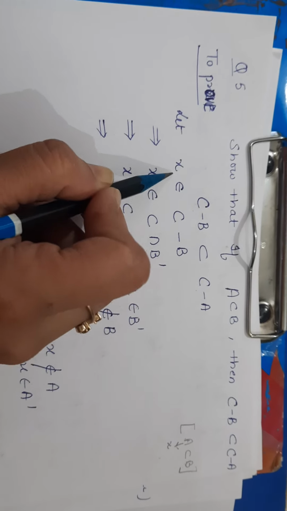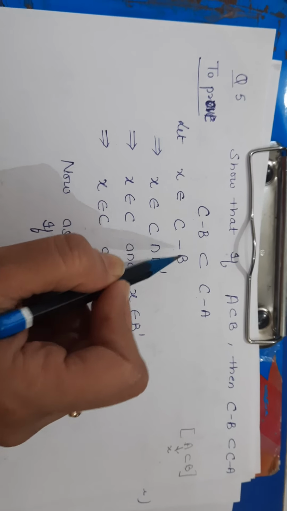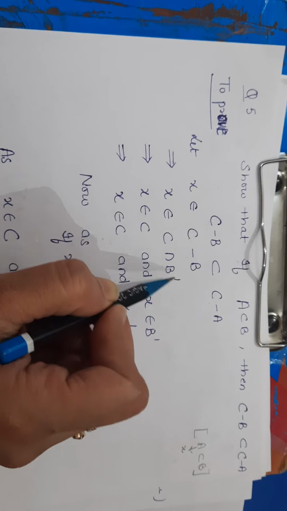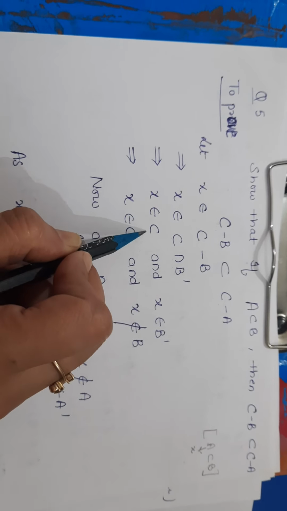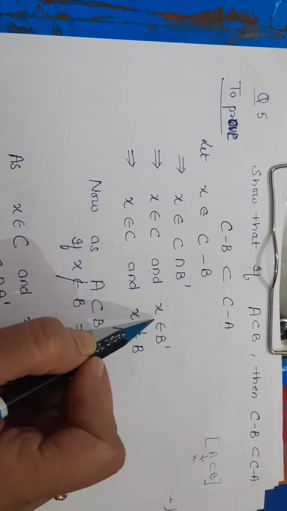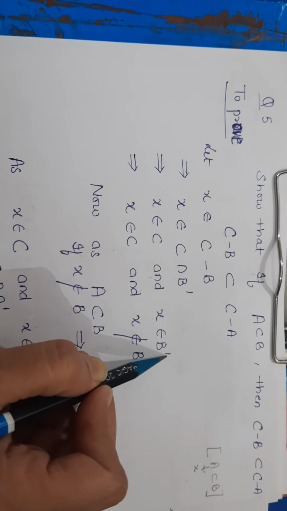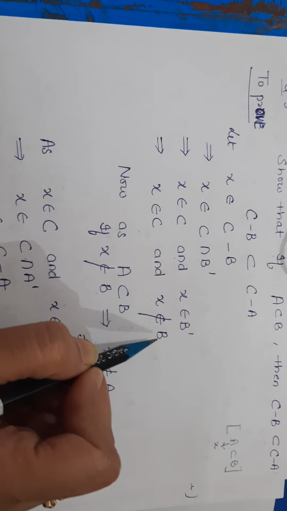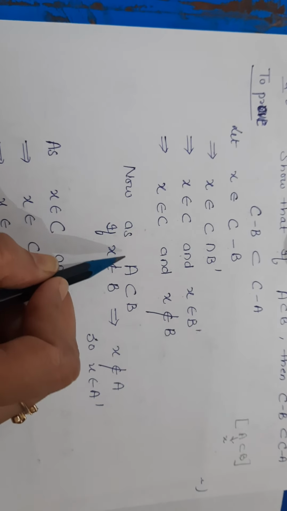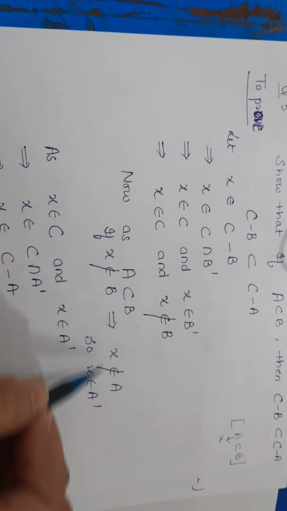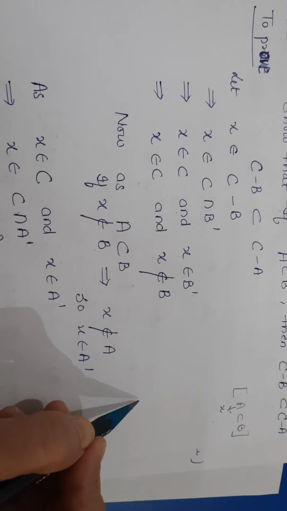So let's say X belongs to C minus B. C minus B can also be written as C intersection with B complement. Intersection means it belongs to C and it also belongs to B complement. Now if X belongs to B complement, it means X doesn't belong to B. Now in the question it is given A is a subset of B. So if any element is not in B, automatically it doesn't belong to A. Just look here.